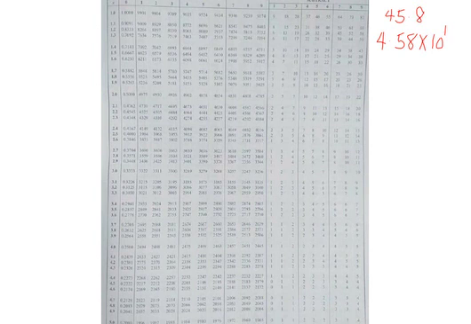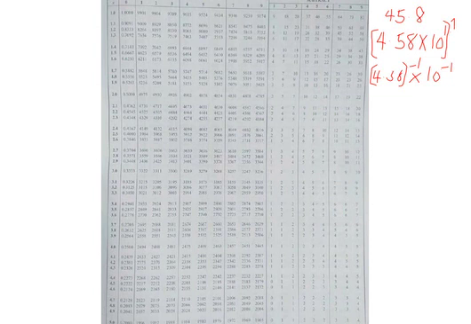So we get the reciprocal of this: 4.58 raised to power negative 1 to mean reciprocal. Then 10 power 1 raised to power negative 1 to mean reciprocal will give us 10 power negative 1. That is by the law of indices.